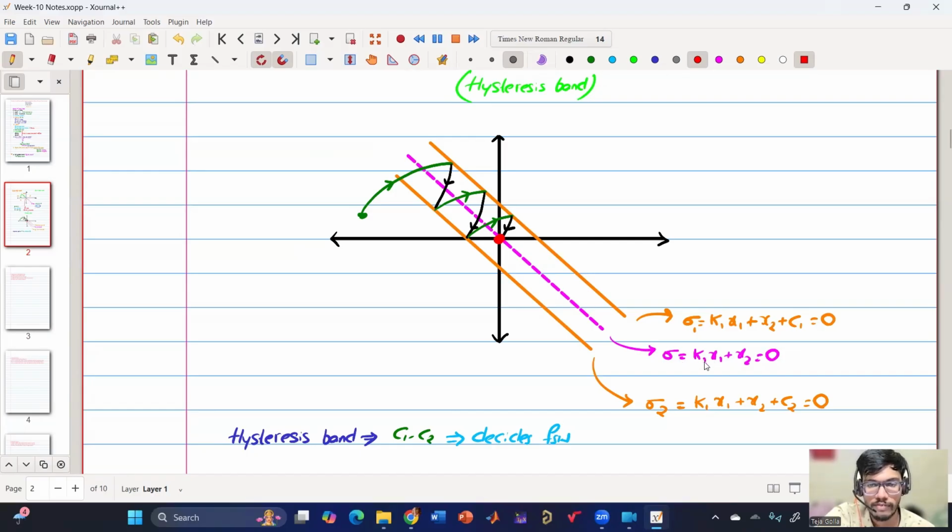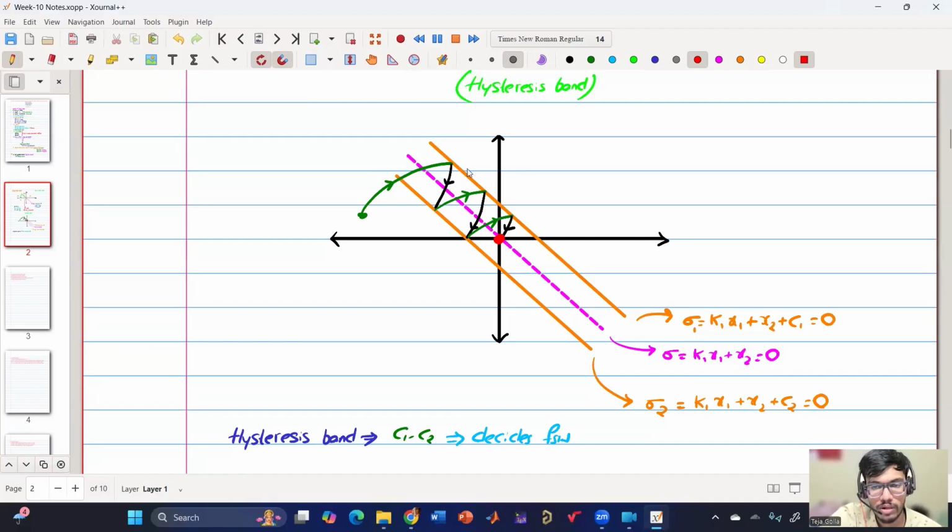I have to find K1, K2, which sir has not yet explained this week; that will come in the next week. Once we decide sigma 1, sigma 2 and the gates, my trajectory will enter this band, then slide around that band and reach the equilibrium point.